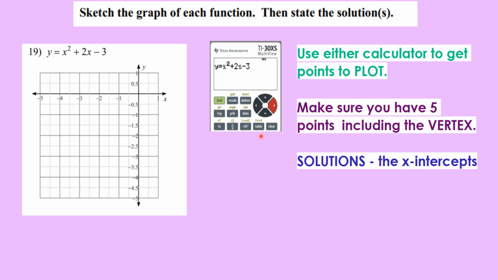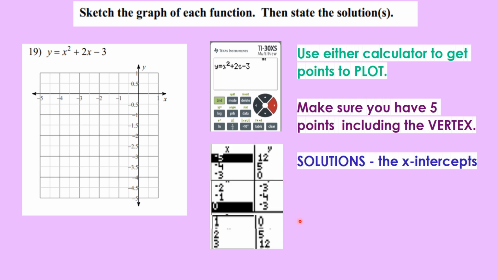And then we're going to look through the ordered pairs that we have. I just grabbed some that went from x equaling -5 up to x equaling +3 and looked through those particular points.